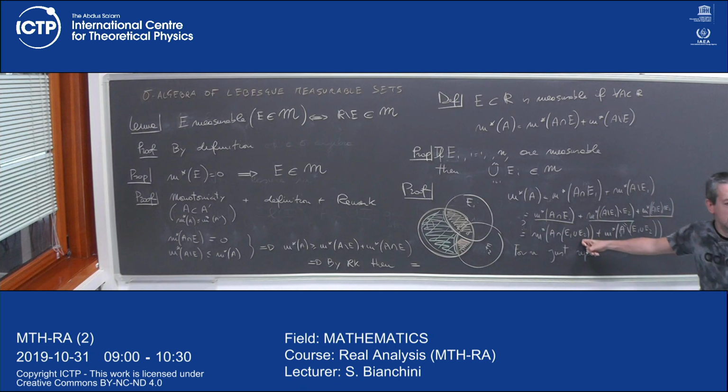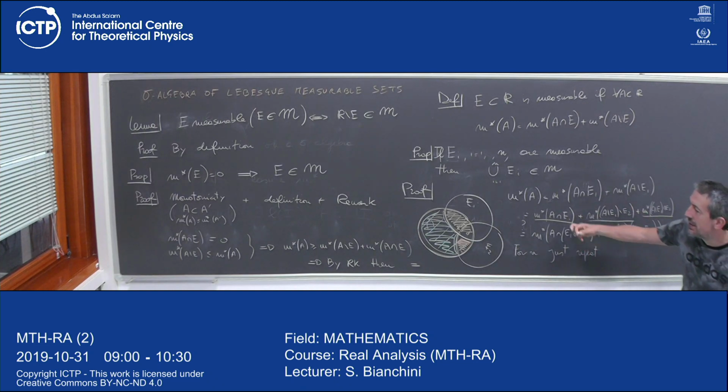Once you have the measurability of the union E1 union E2, then you know that it is measurable, and then you can add E3. Okay. Well, we are close, no? To the sigma algebra.